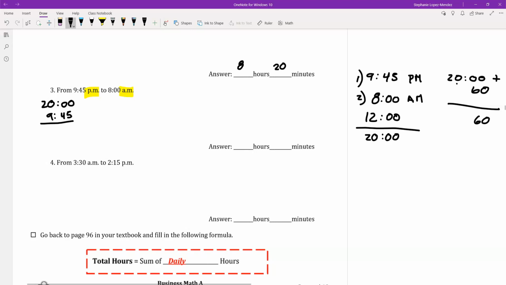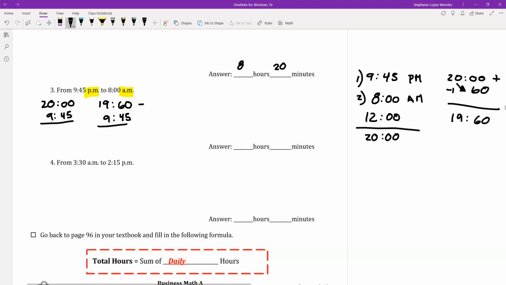But then that hour that I just put in minutes, I need to subtract from my hours. So 20 minus 1 is 19. Now I'll go ahead here and rewrite 19:60 minus 9:45.